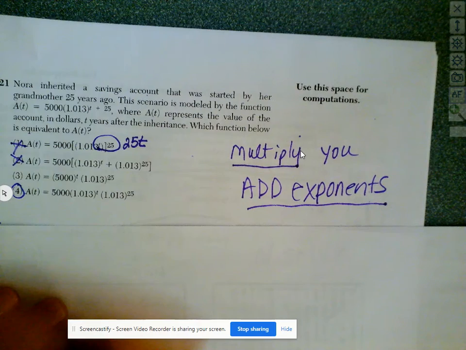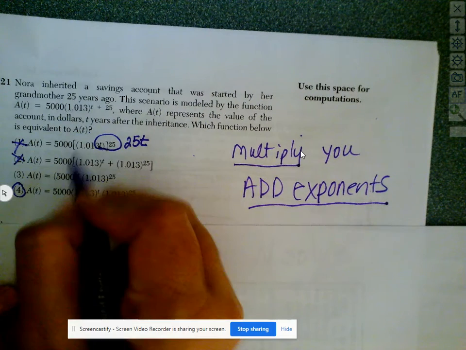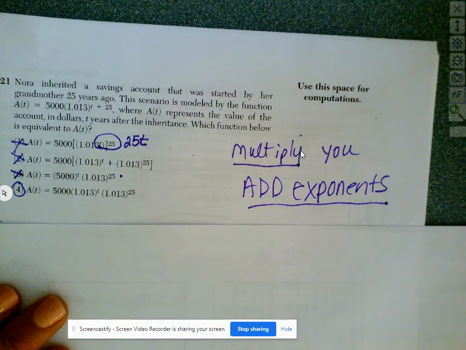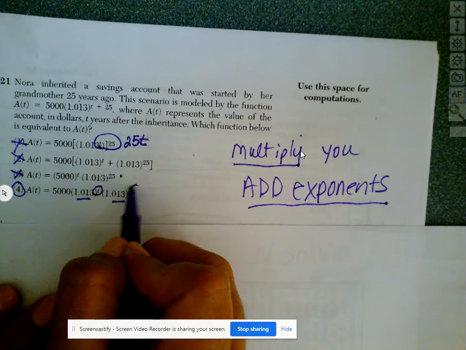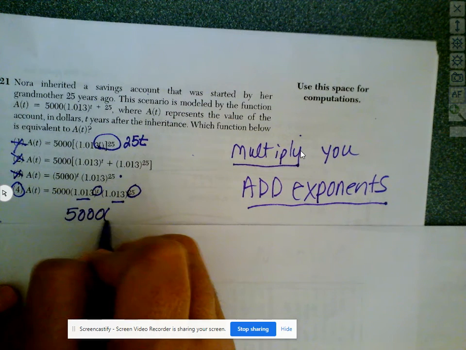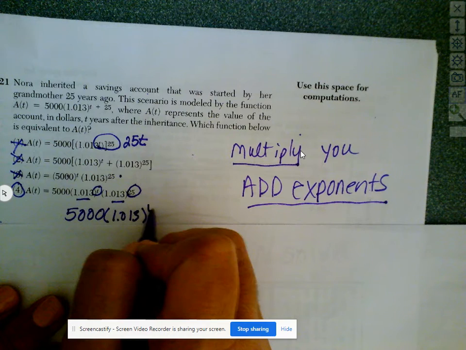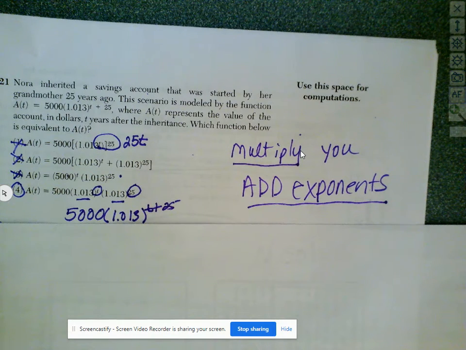The next one, we give the t to this and the 25 to that. That doesn't follow any rule we know. This one keeps the base the same. We're multiplying, so we add the exponents. That would give us 5,000 times 1.013 to the t plus 25, because when we multiply, we add the exponents.